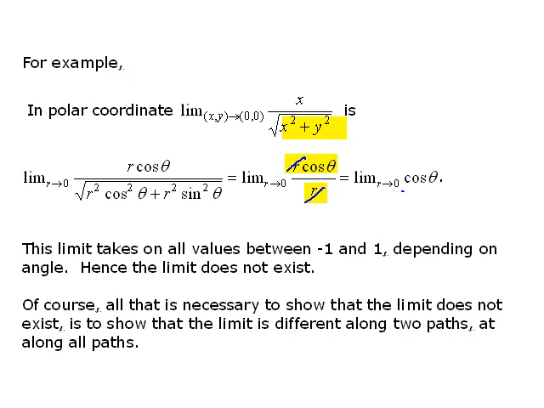Cosine theta is independent of r, but it's not independent of theta. That means on each value of theta, this limit has a different value. They range from -1 to +1 because that's the range of values for cosine theta. In this case, the limit doesn't exist. It's different on every single line of approach.